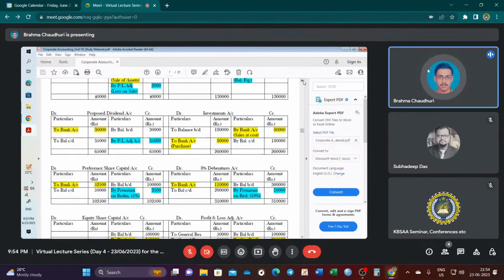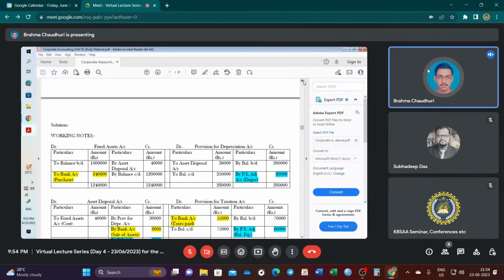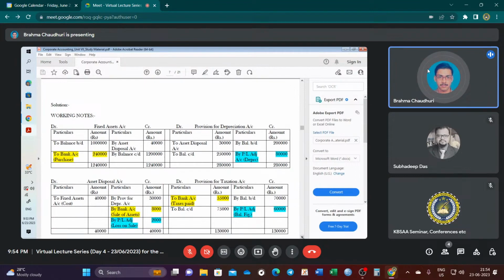Now, after we have closed this provision for depreciation and asset disposal account, we will now close the fixed assets. Fixed assets opening balance was 10 lakh, closing balance 12 lakh, and asset disposal, that is 40,000. So 12 lakh 40,000 less 10 lakh. So the balancing figure is to bank account 2 lakh 40,000.